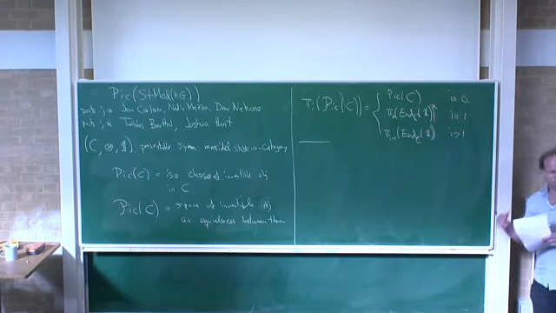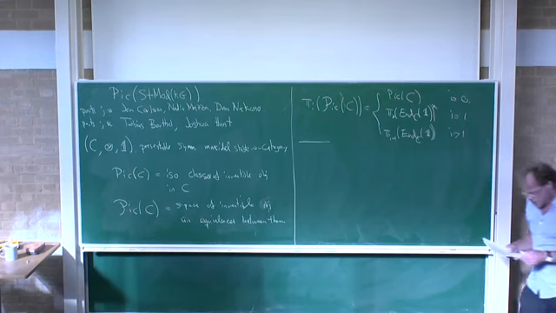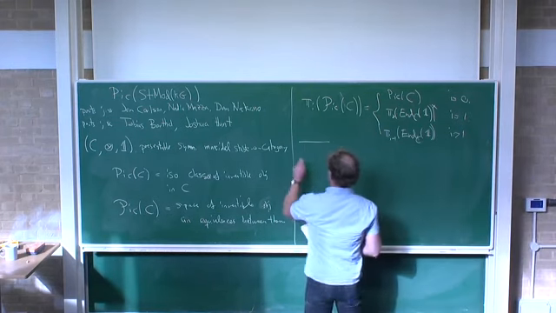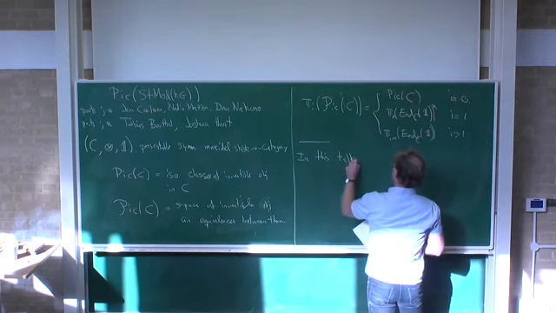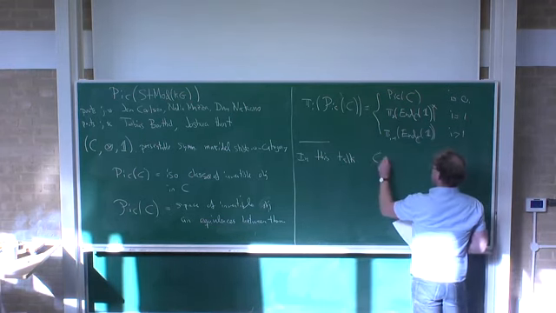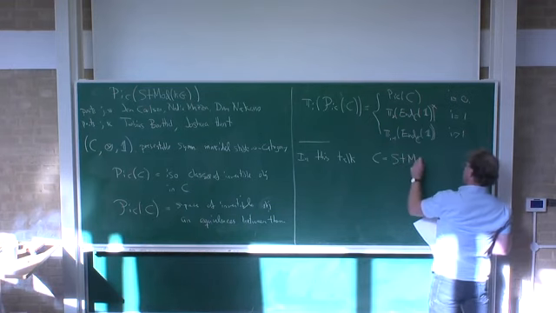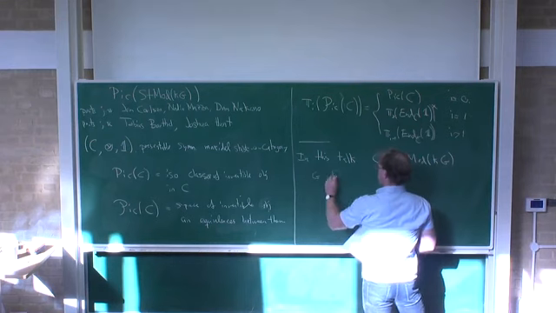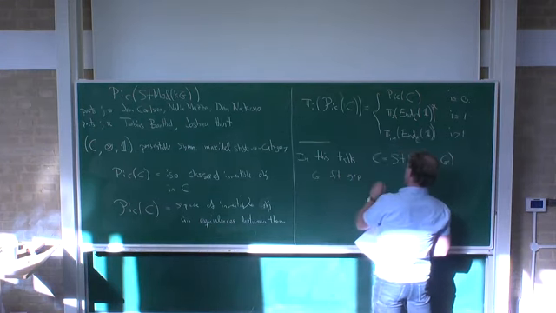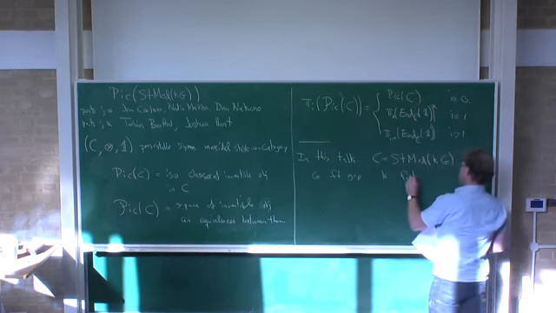We've heard many talks with similar setups and similar categories. So in this talk, C is just a stable module category of KG, where G is a finite group and K is a field of characteristic p.